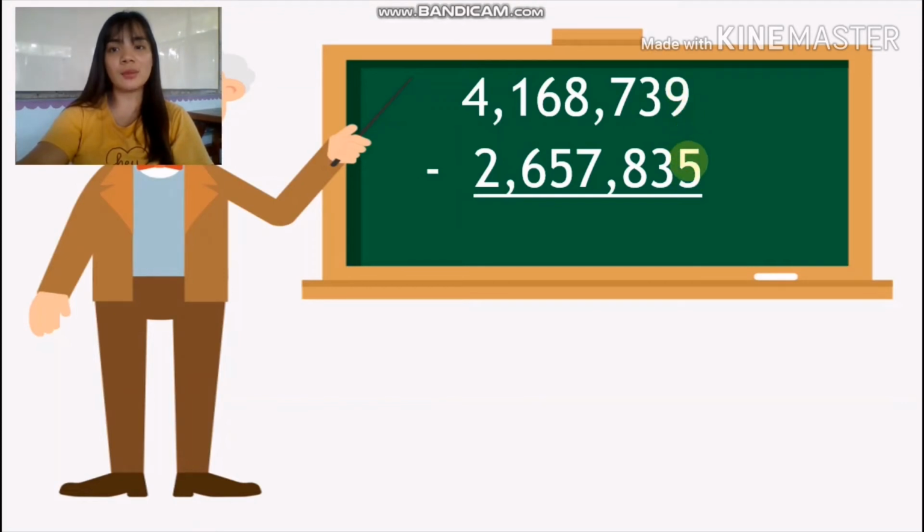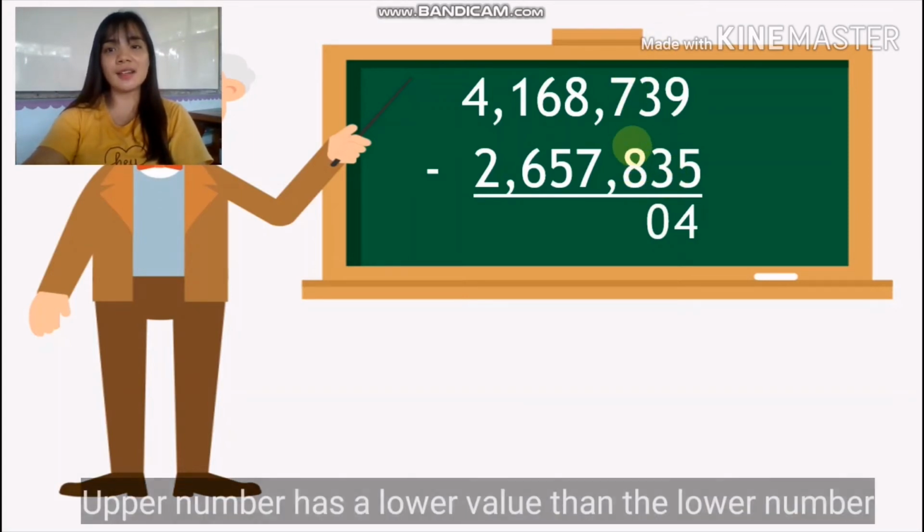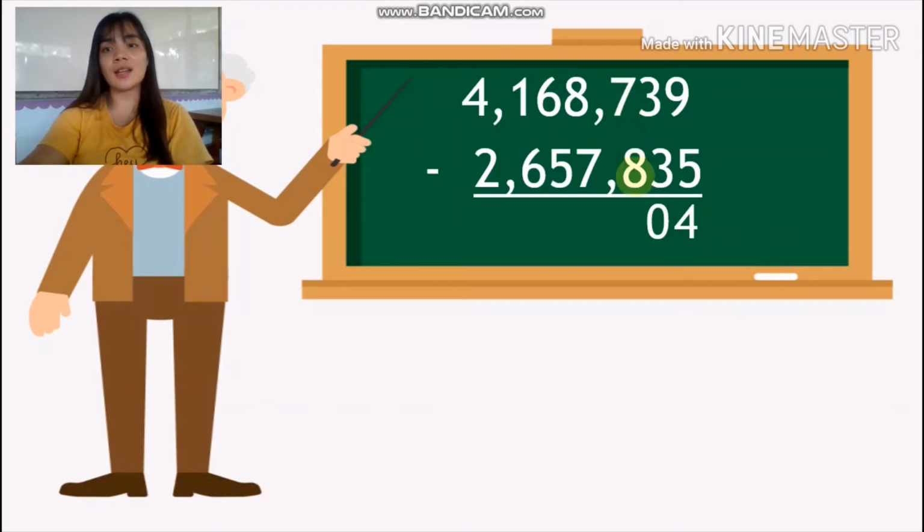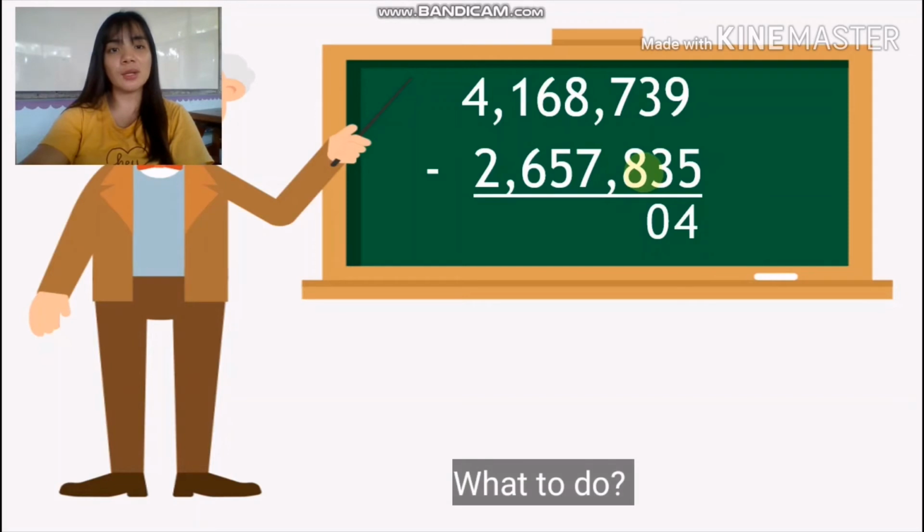subtracting from our right going to our left. So 9 minus 5 is 4. Very good. 3 minus 3 is 0. How about 7 minus 8? You can see that our upper number has a lower value than our lower number. So what are we going to do? We are going to borrow.